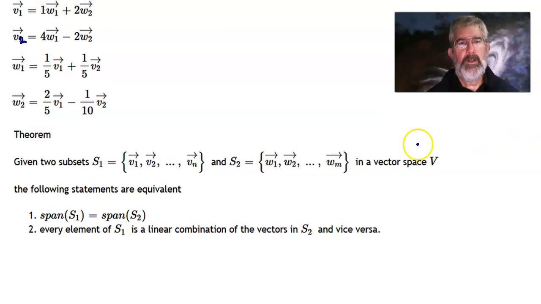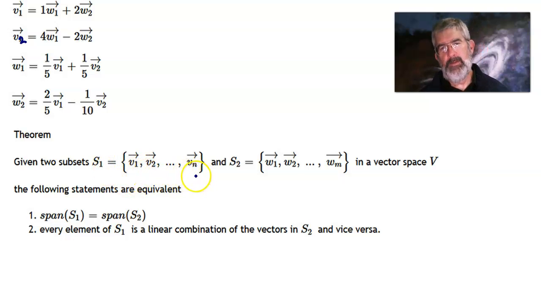So if you're given two sets, S1 is this set, v1, v2 up to vn, and S2 is this set, w1, w2 up to wm, and all of this is in some vector space V, then the following are equivalent. Before we look at that, let me point out that these sets, S1 and S2, are finite.